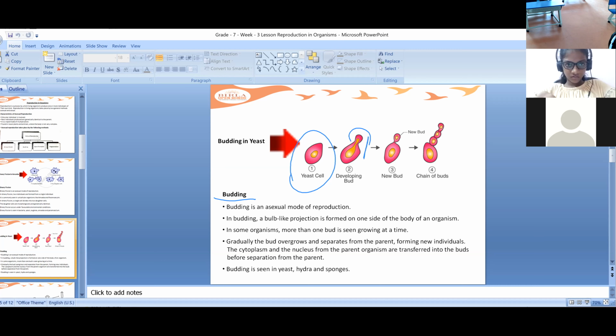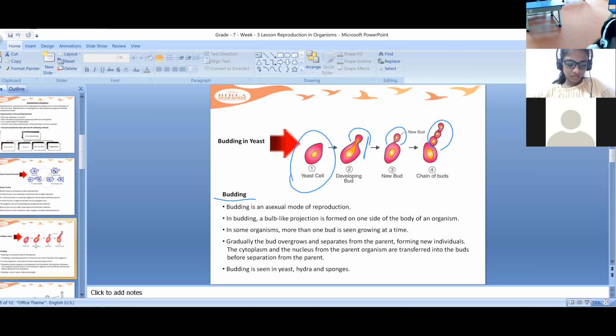A new bud is formed here, and then a chain of buds. You can see the chain of buds in this picture. That's why the name came: budding. It is a mode of asexual reproduction.